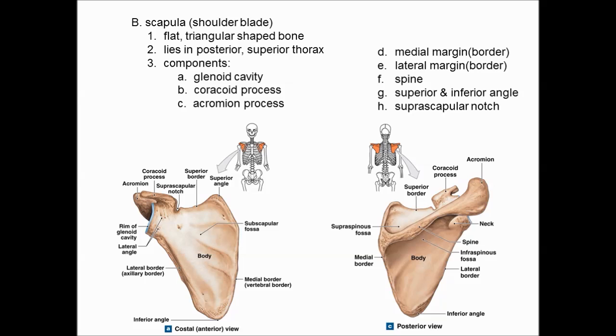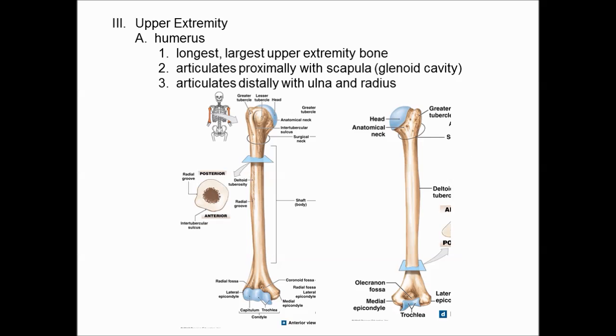And finally, there it is, a suprascapular notch that's on the superior side about halfway across the scapula. So that's the pectoral girdle and what we want you to know about those two bones.